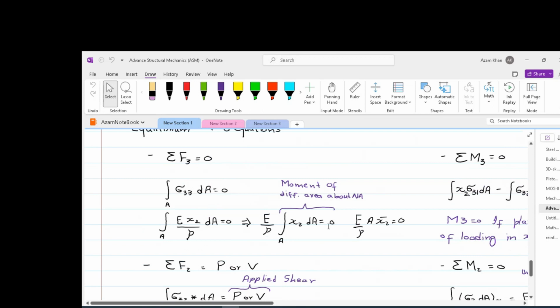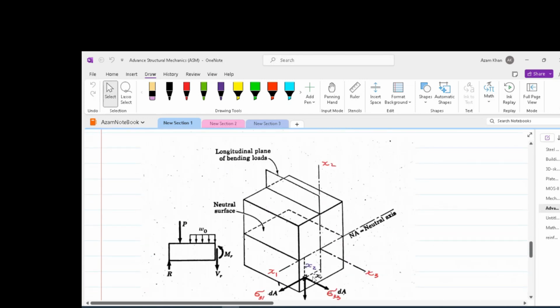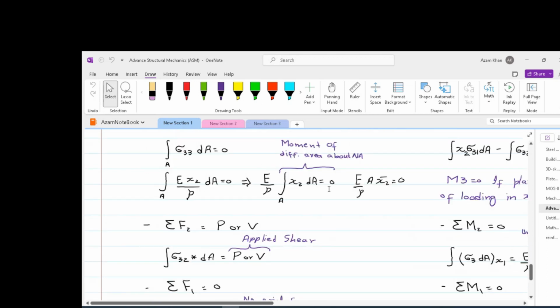If we look closely into this equation, x2 times dA is the moment of the differential area about the neutral axis. Now, this whole equation has to equate to 0. We can't have E by rho equal to 0. So, undoubtedly, the integral of x2 dA is equal to 0.